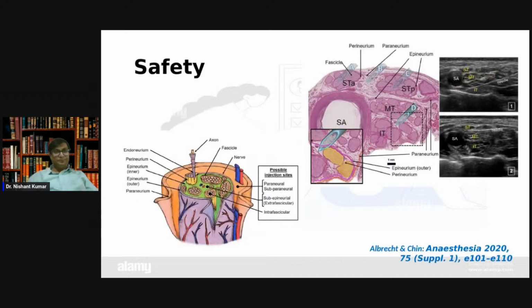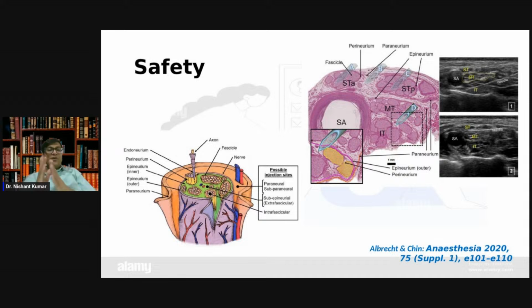Now, when we talk of safety, nowadays we talk of safety in terms of neuroprotection. It is well established how we can prevent LAST, that is, local anesthetic systemic toxicity, by preventing intravascular injection, limiting dosages, adding additives, and so on.